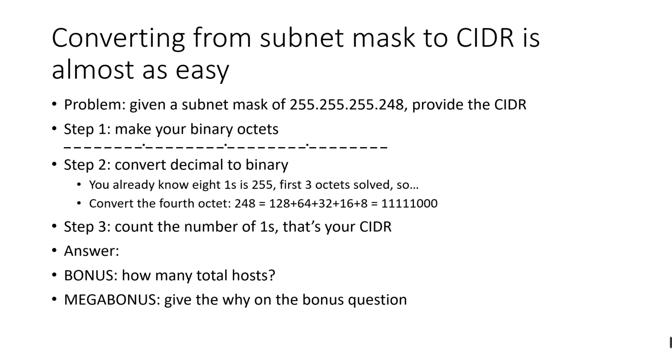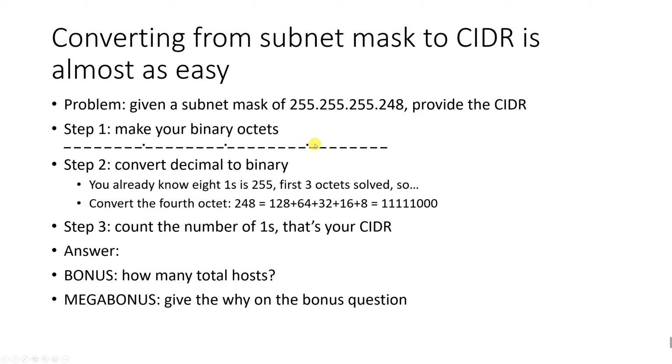So here's the problem. You're given a subnet mask of 255.255.255.248. Provide the CIDR. Well, start with step 1. Make your binary octets. Make 8 dashes, 4 sets of 8 dashes. You already know that 8 ones is 255, so you already know the first 3 octets. So write in 8 ones in the first 3 octets here.